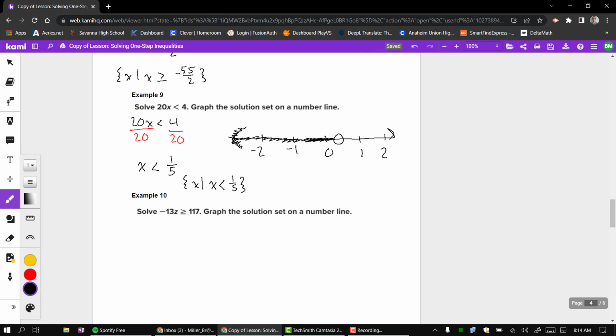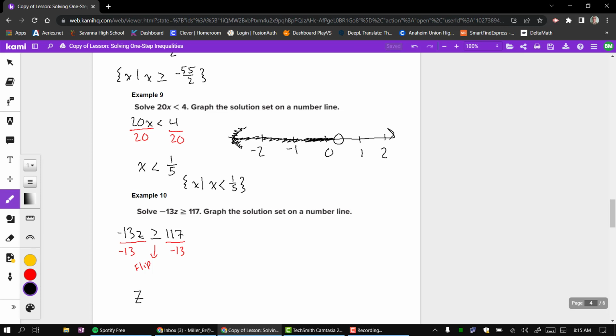Now let's take a look at our last one. We have -13z is greater than or equal to 117. We want to undo this multiplication. We undo multiplication with division, so I'm going to divide by -13. Since I'm dividing by -13, I'm going to flip this sign. -13 divided by -13 is positive z.